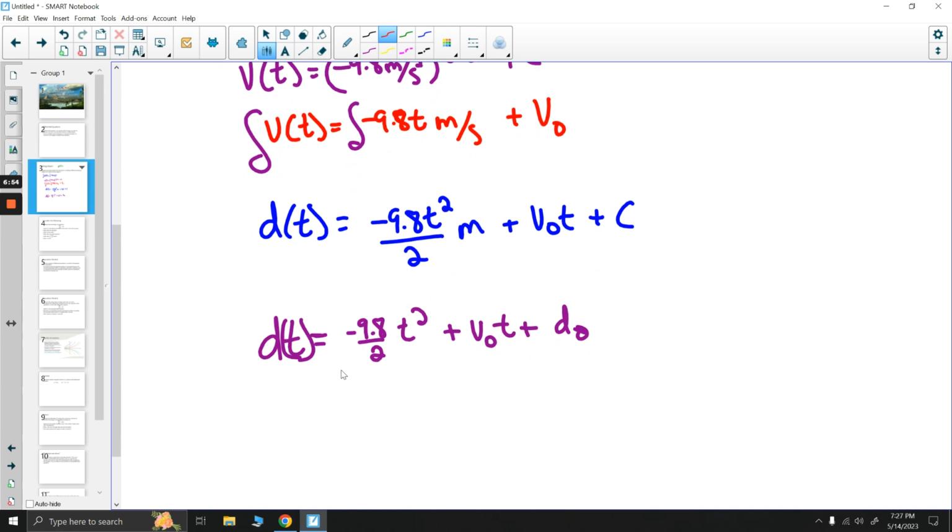And again, for our distance with respect to time, this would just be d of t is equal to negative 9.8 over 2 t squared. V sub naught is the initial velocity, which is 0, and d sub naught is our displacement. So maybe the building is 100 feet tall, or 100 meters tall, so we have 100.